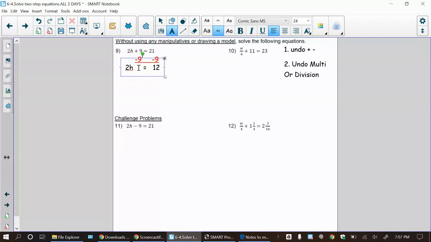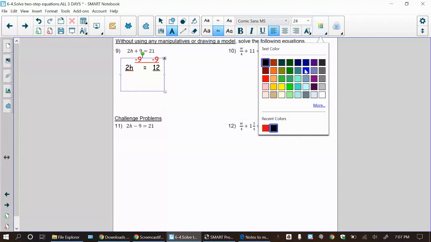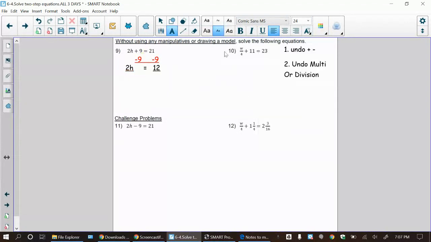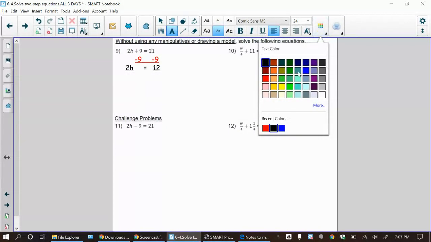So I see 2h as multiplication, right? Well, the inverse of multiplication is division. Okay? Whatever you do to one side, you have to do to the other side. And the opposite of multiplication is our division.